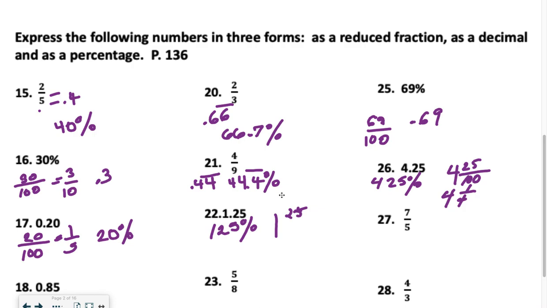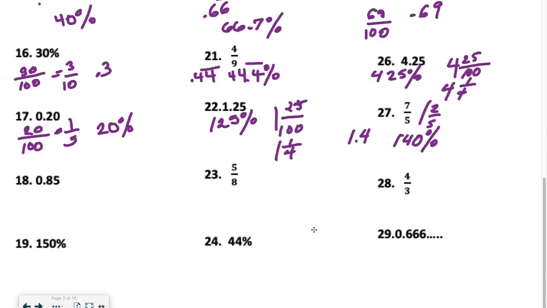Sorry, a little lag in my pen for some reason, which would be 1 and 1/4 reduced. 7 over 5, if you put in your calculator, is going to give you 1.4, which is also 1 and 2/5. 140% when you move 2 to the right. So again, these are just nice little exercises converting from one to the other.